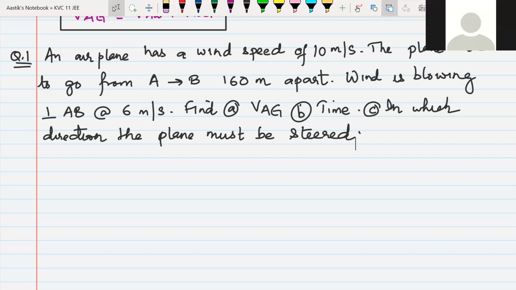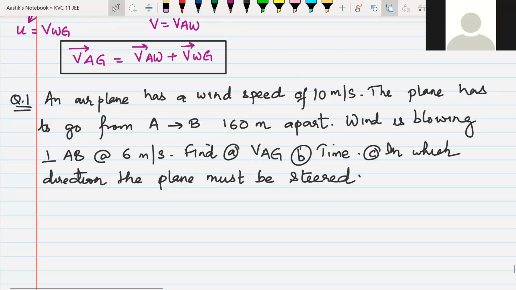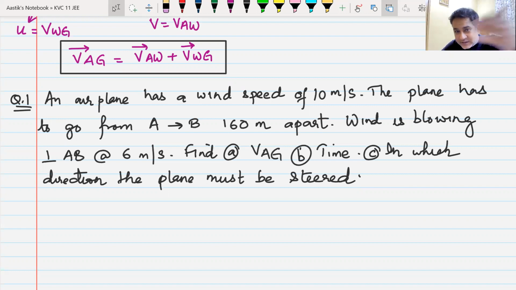Sir, under root 136. Now I have one more revolutionary answer. Under root 136. Remember, my plane is supposed to go from Bhopal to Hyderabad, not from Bhopal to Mumbai. You're sending it from Bhopal to Mumbai. It's supposed to come from Bhopal to Hyderabad, my dear friends, not go to Mumbai.